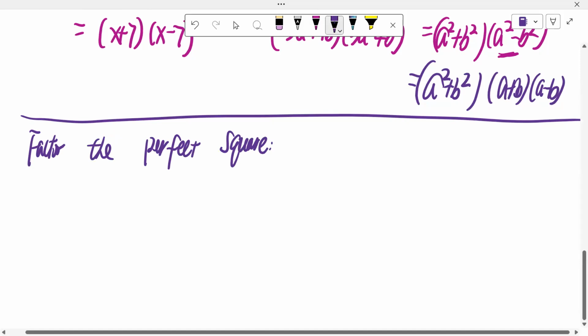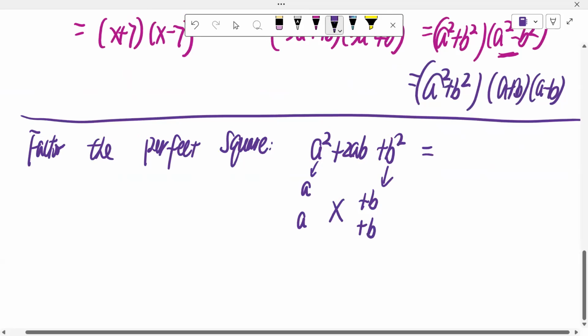So a perfect square typically looks like this: a squared plus 2ab plus b squared. Remember, we can factor this. So a times a, write down the first term, and write down the last term as plus b times plus b, because the middle one has a plus sign.